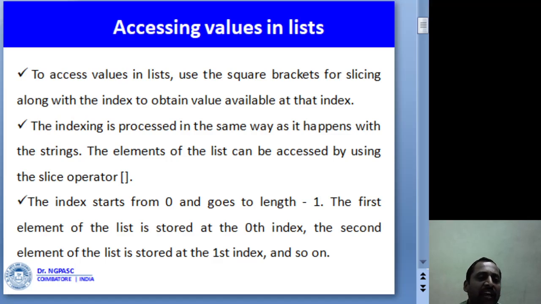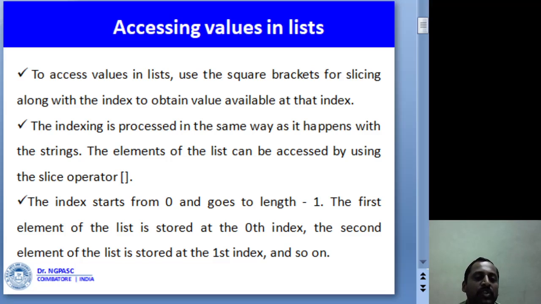So how do we access the values in a list? To access the values in a list, use the square brackets for slicing along with the index to obtain the value available at that index. Indexing works in the same way as it does with strings.